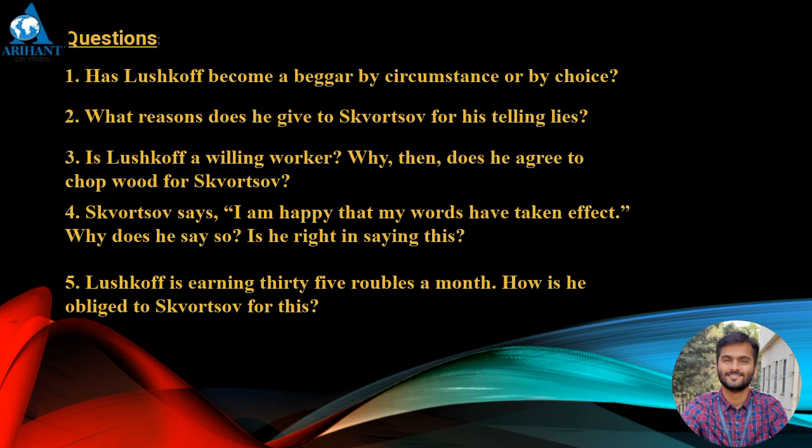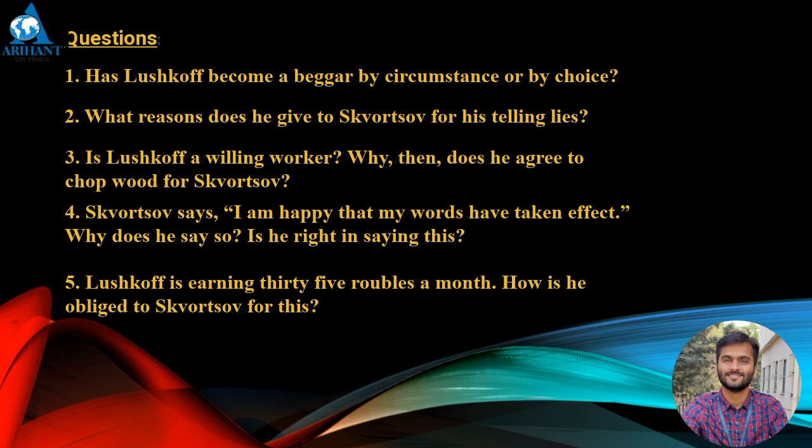So here are some questions for which you have to give the answers, and you have to write down the answers in your notebook. Has Lushkov become a beggar by circumstances or by choice?